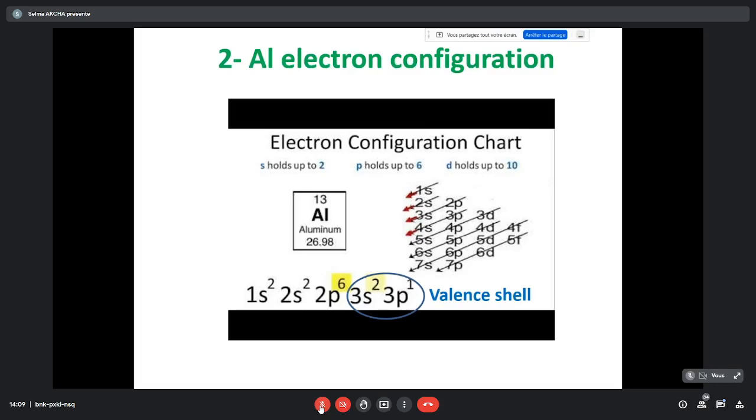And in English, it will be the group 14. And 5A will be 15, and so on. Retenez, 3A, c'est 13. Vous allez avoir les autres. OK?